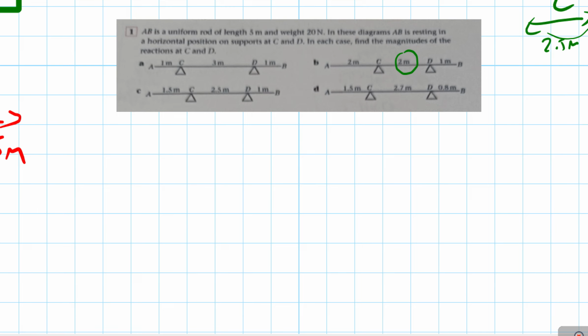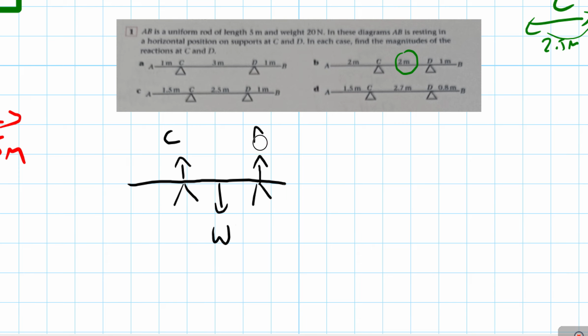For part C, we have, again, a similar method. So C is going upwards, we've got the weight going downwards, and D is going upwards as well. This here, 1.5, we know that this distance here is 2.5, therefore, again, using the method that we know, this distance here is 1 meter, and this is 1 meter to the end.